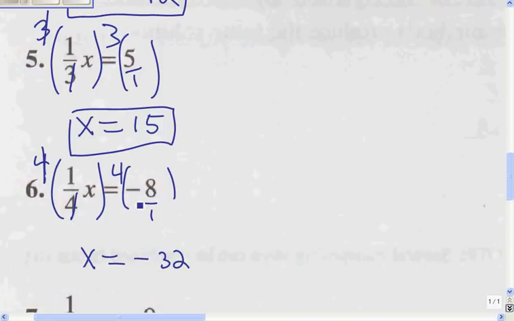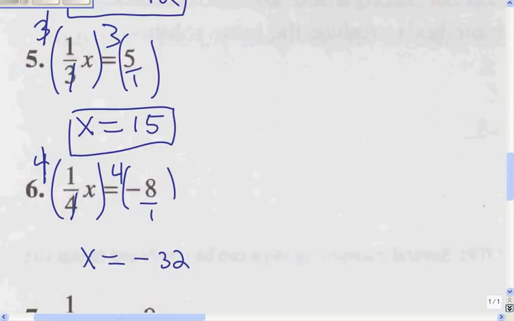When you're multiplying a positive and a negative number, your answer is always negative. In multiplication, when the signs are different, your answer is negative. When the signs are the same, in multiplication, your answer is positive. That's the same with division. When your signs are different, your answer is negative in division.